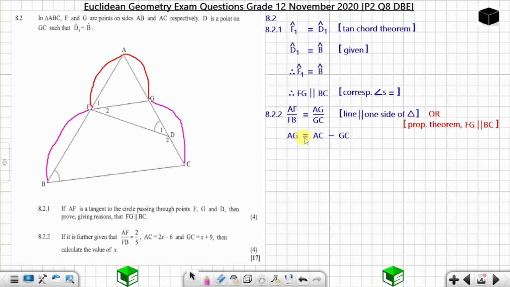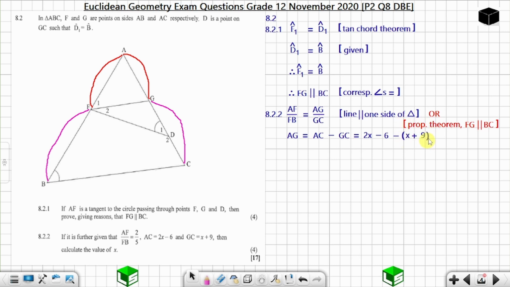AC is 2x minus 6, minus GC in bracket, x plus 9, because the minus is going to affect everything.